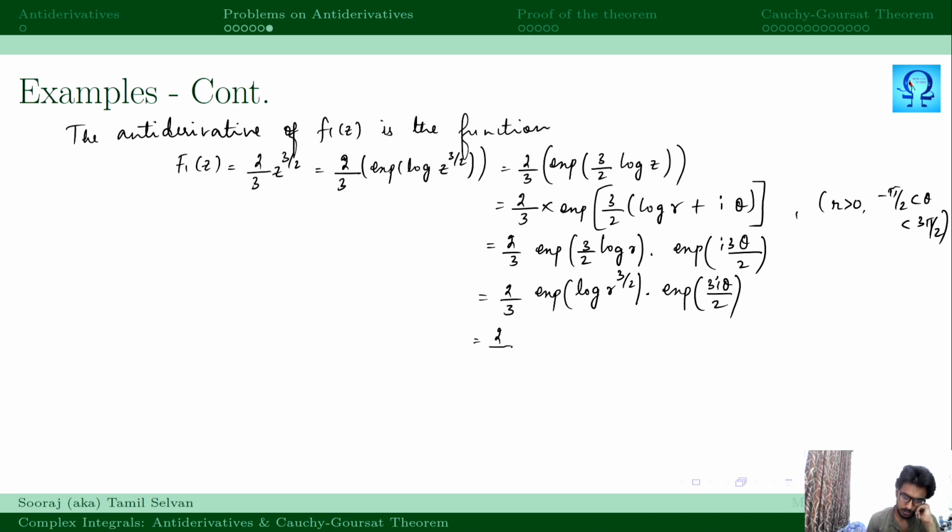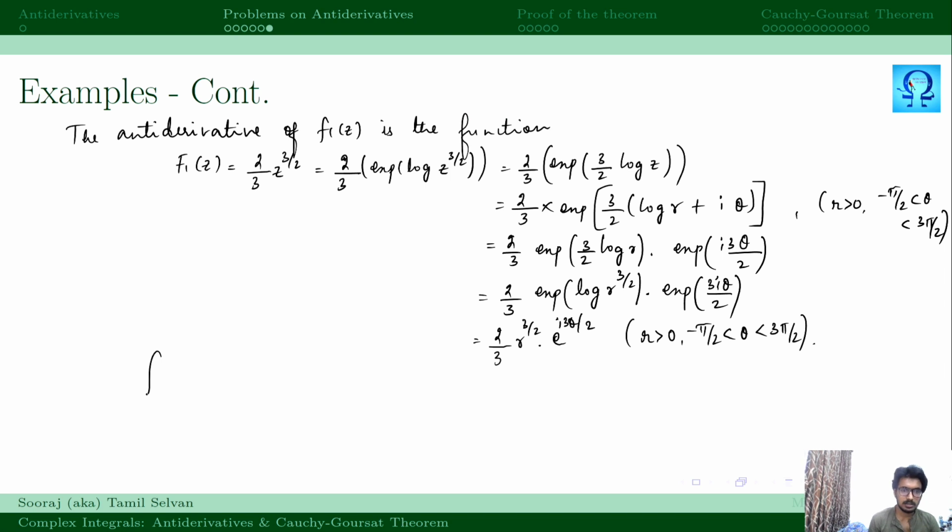So this is 2 upon 3 r to the power 3 upon 2 multiplied with e to the power iota times 3 theta upon 2, with r positive, and so this is what we have found, the antiderivative of this function.